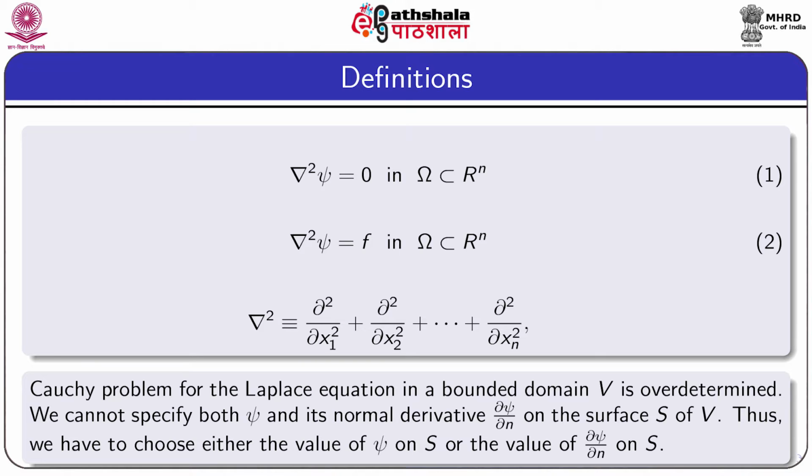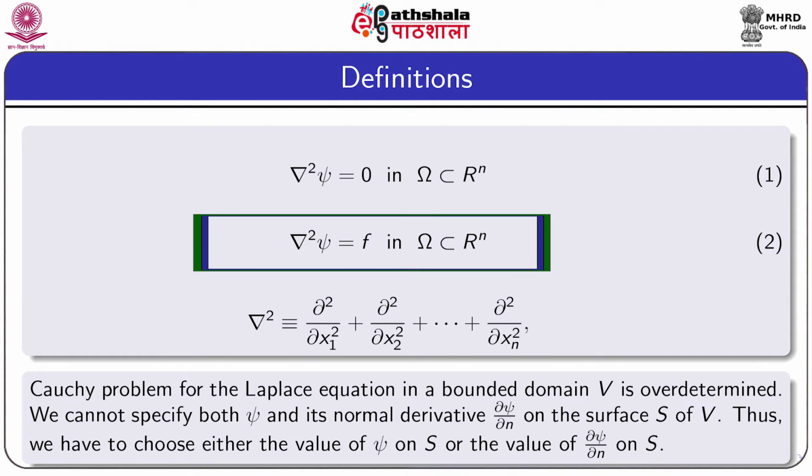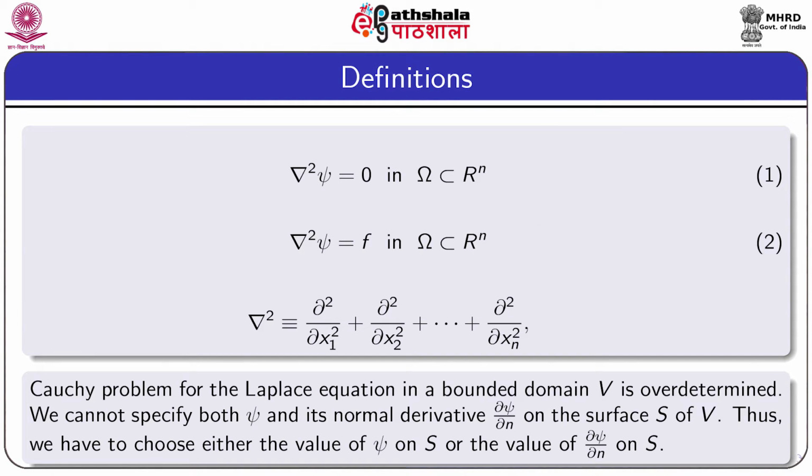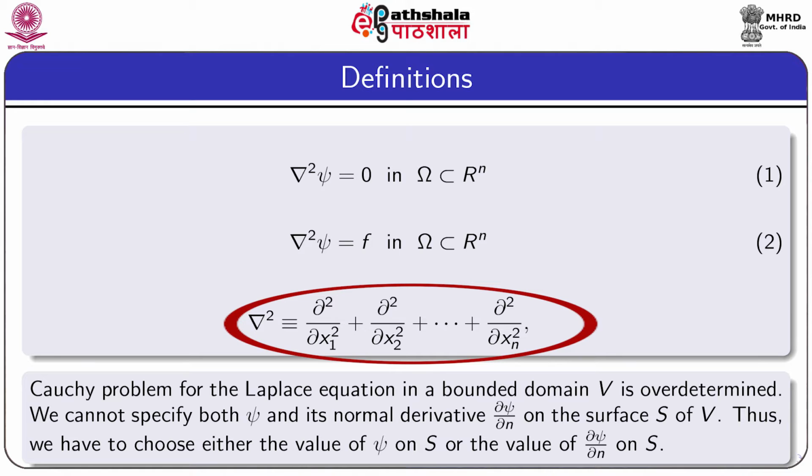The equation is written in equation number 1, and the Poisson equation is written as grad square psi equals to f, where the function psi and f are defined over the domain omega, which is subset of Rn. The operator del square is defined as del 2 del x1 square plus del 2 del x2 square plus ... plus del 2 del xn square.